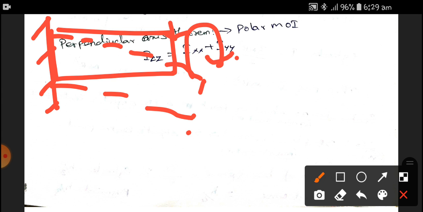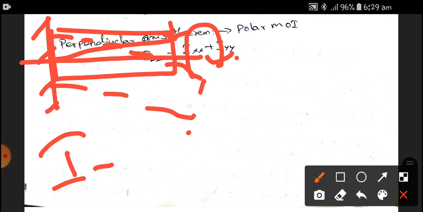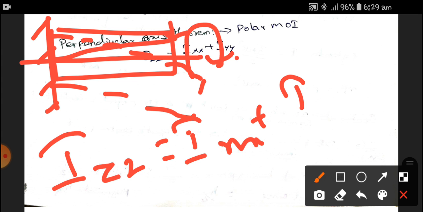Whereas the polar moment of inertia comes into the picture when the shaft is rotating like this. How can we relate these two, the area moment of inertia and the polar moment of inertia? By means of the perpendicular axis theorem, that is Izz is equal to Ixx plus Iyy.